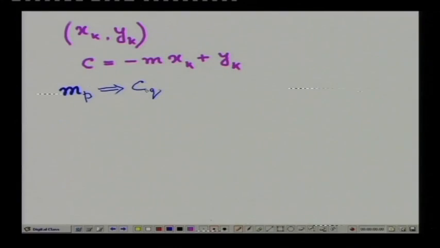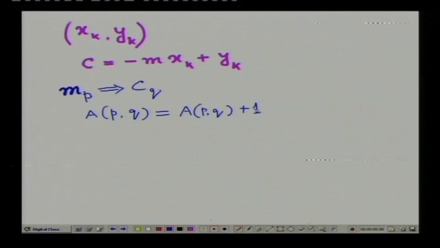So, whenever for a particular value of M_p I get a value of C_q, that is the intercept value, the operation I do is that the corresponding accumulator cell A_pq is incremented by 1. So, I make A_pq equal to A_pq plus 1.